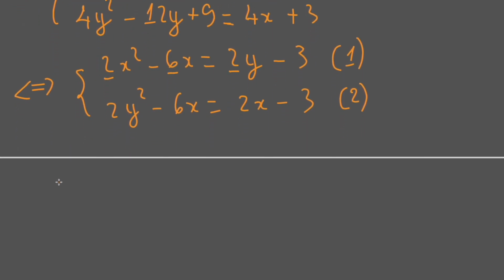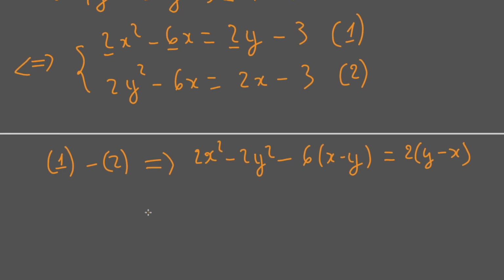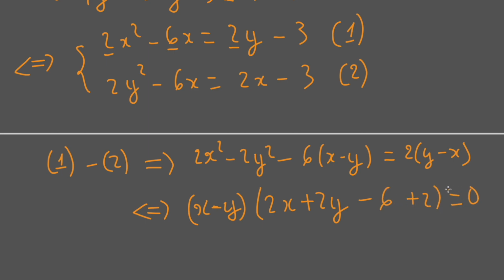So for now, it is very simple for us to find the solution. We just take equation 1 minus equation 2. It becomes 2x squared minus 2y squared minus 6x minus y equal to 2y minus x. Then transforming it to one side, we have (x minus y)(x plus y minus 2) equal to 0.